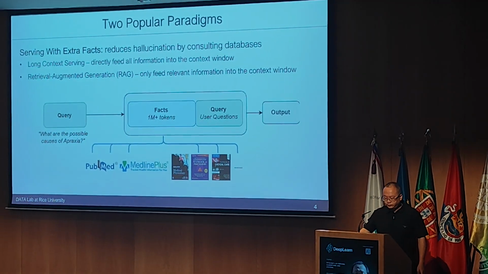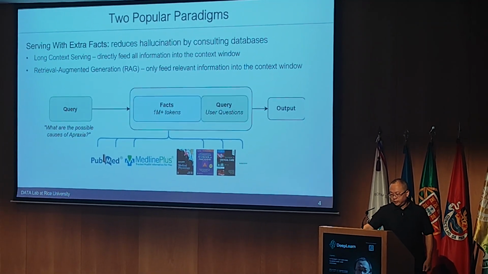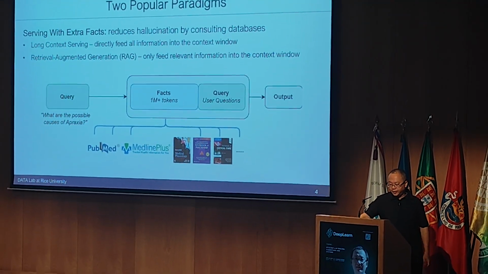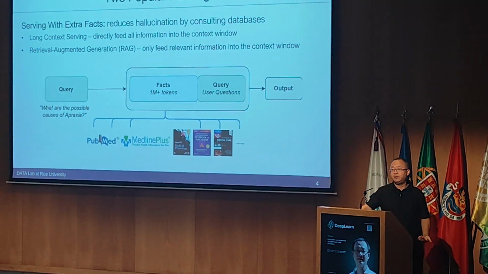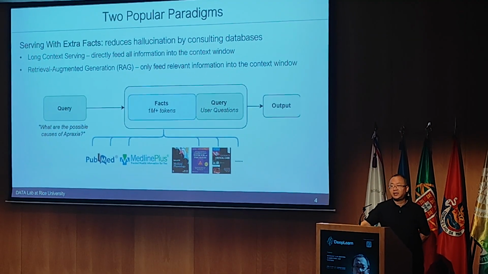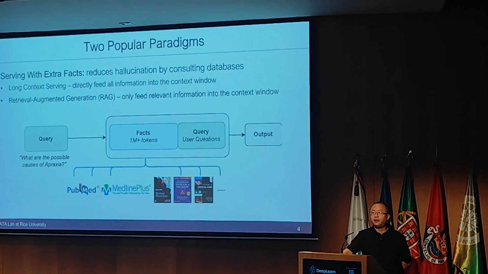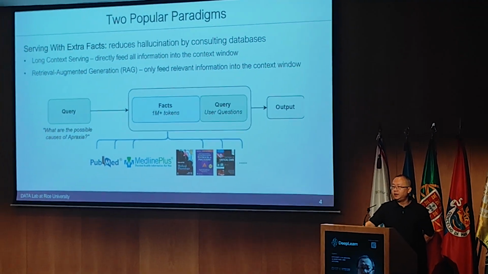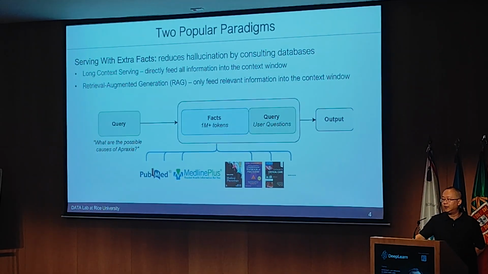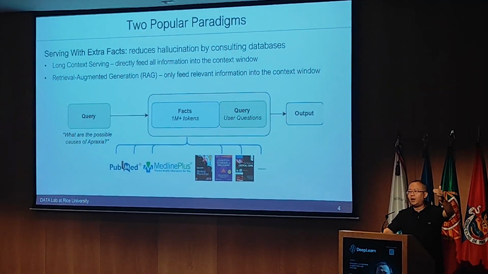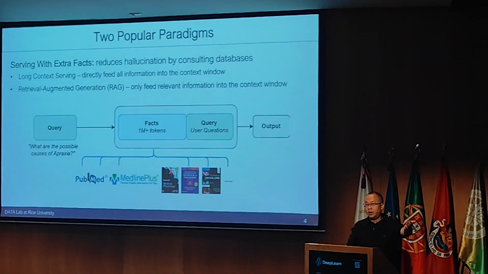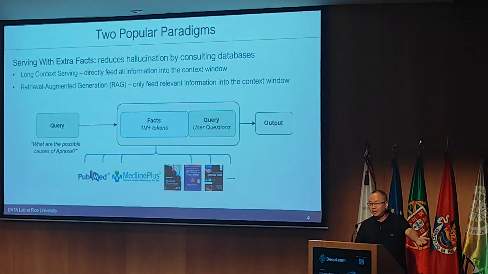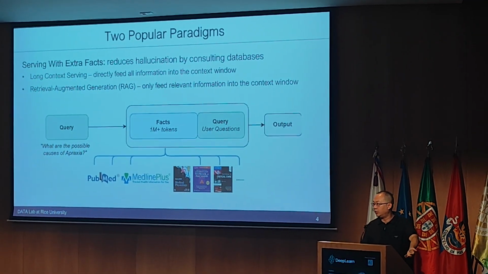Also, to reduce hallucination, there are two main techniques. One is called long context serving. I'm not sure whether you realized this in the slide we introduced yesterday. When we talked about Llama 1, 2, 3, one specific parameter we introduced was the number of tokens: what is the context length of each model?